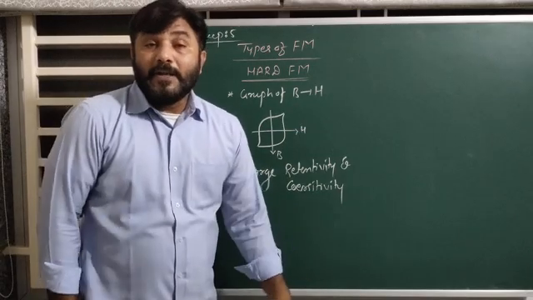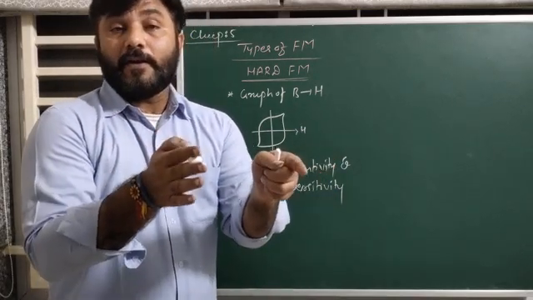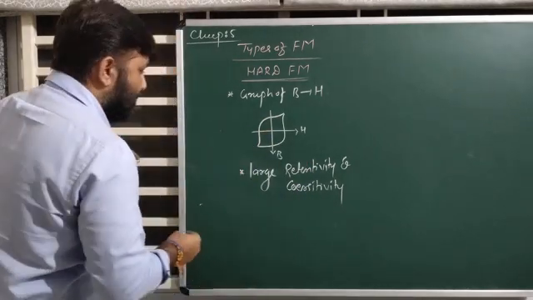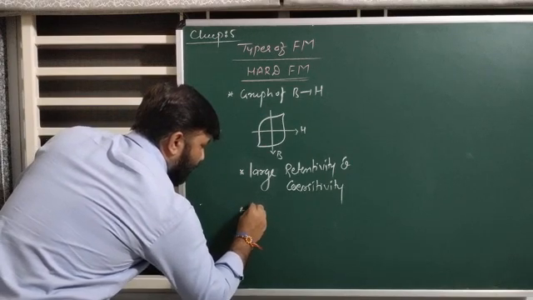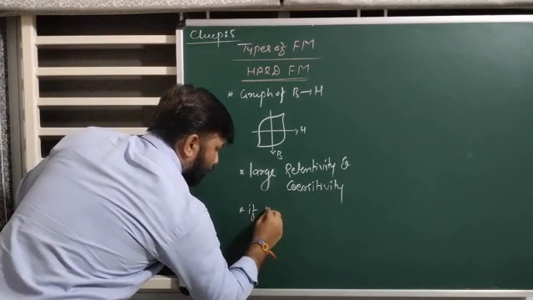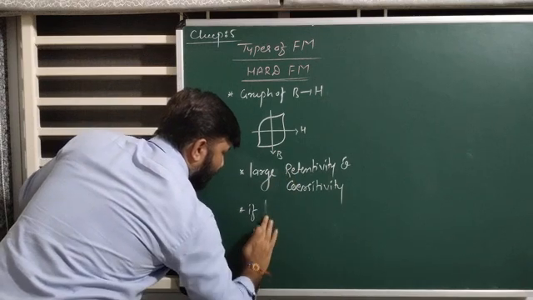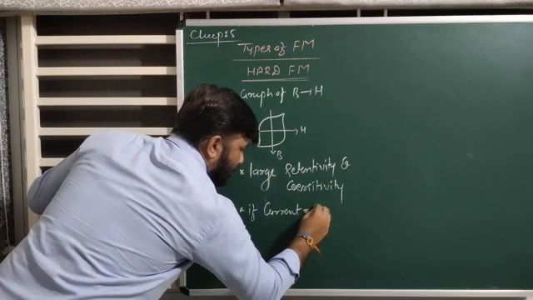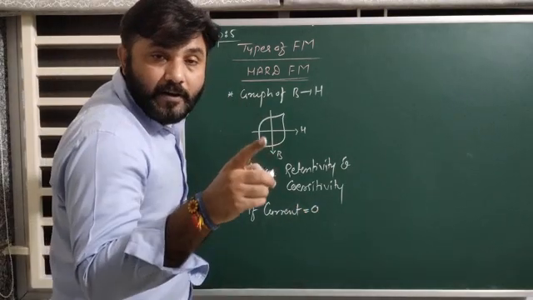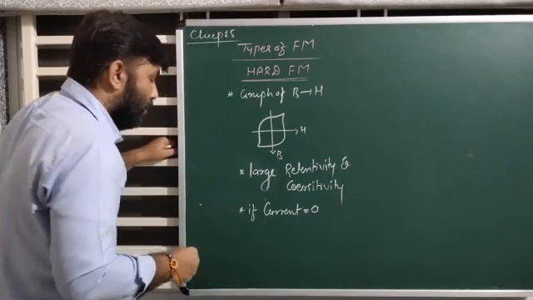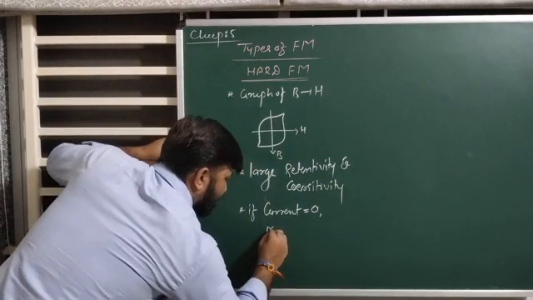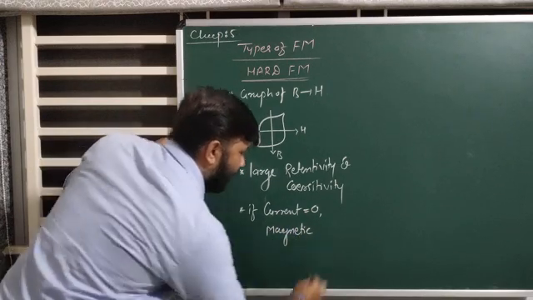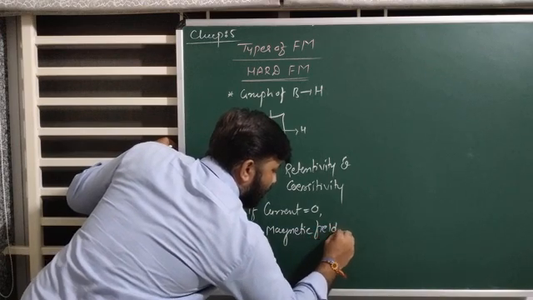Large retentivity means magnetic field is retained inside the material for a long time. Clear? And because of this reason, if current passing through the solenoid becomes zero, then magnetization, or you can say magnetic field, retains.